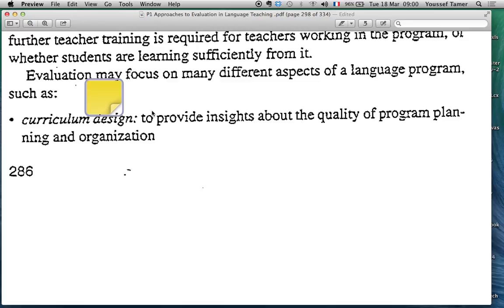So you go into the organization, the structure of the program and the units or the topics or whatever. Then you try to get insights about that curriculum design.